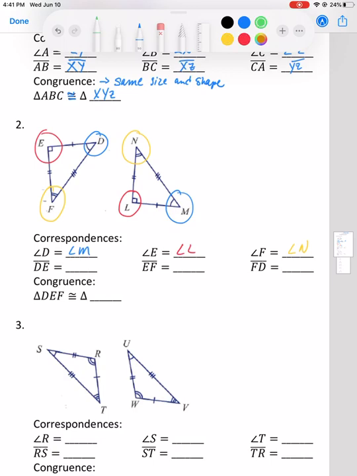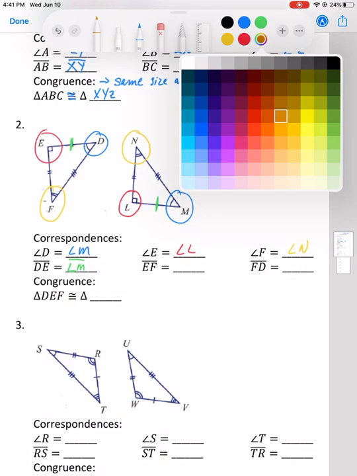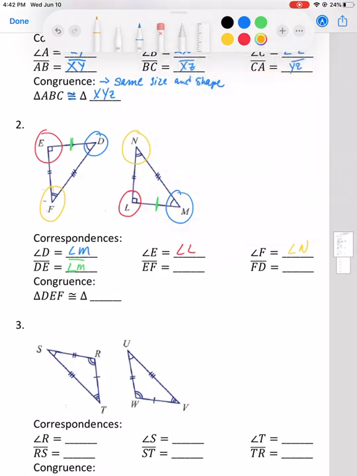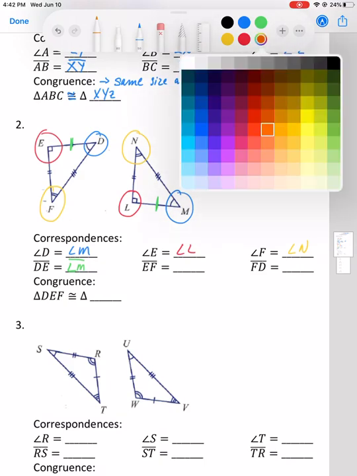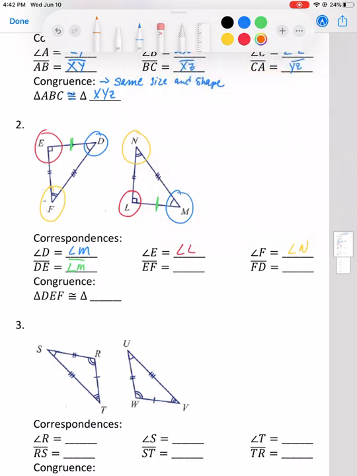Let's see, DE. DE has 1 mark on it right here. Let's look for 1 mark over here. LM. So segment LM is what DE would correspond with. And so we're going for orange. There's orange. EF has 2 marks on it. And so the side that has 2 marks on it is LN.